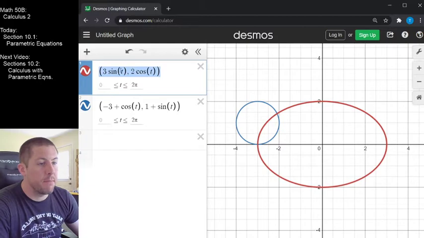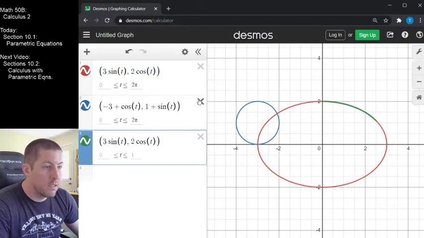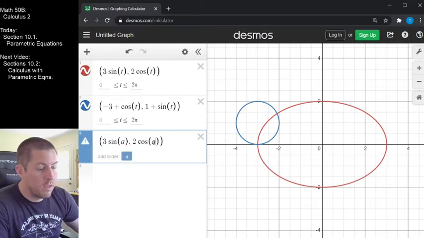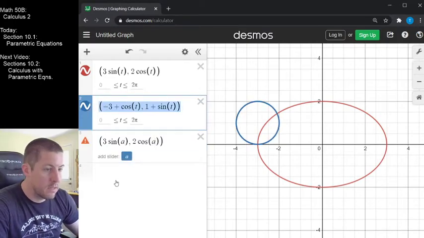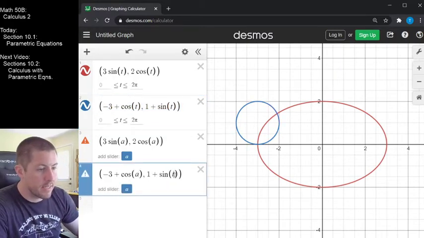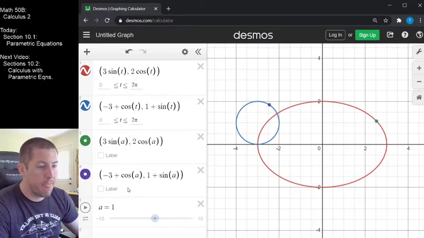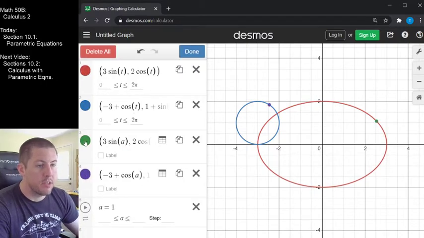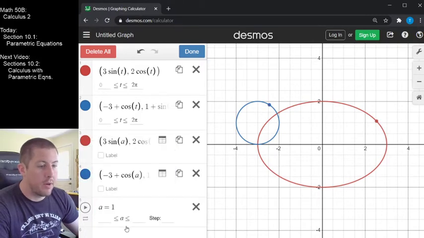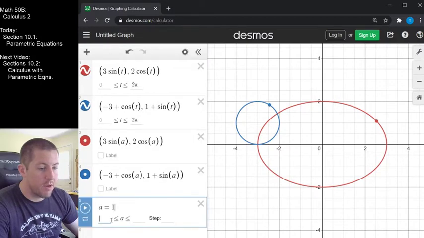So I'm going to copy and paste the first and change these to A. I'm going to copy and paste the second and change them also to A, because I want to be able to click play on one slider button. I want to make these colors match, so this was my red and this was my blue. And what I would like to do is have this time go from 0 to 2 pi. And let's start this.